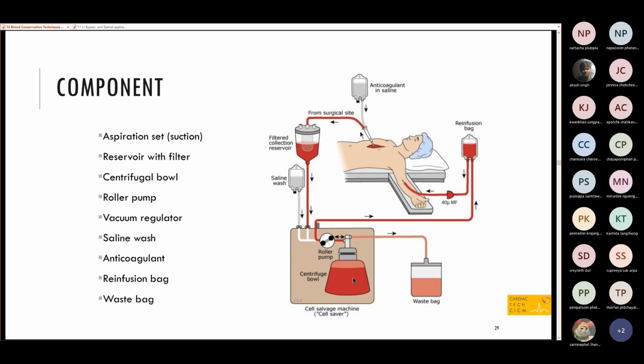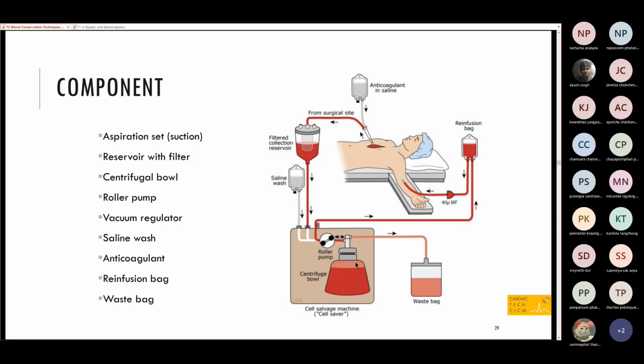At the bottom are elements like red blood cells, some tiny platelets and white blood cells, but most of it is red blood cells.